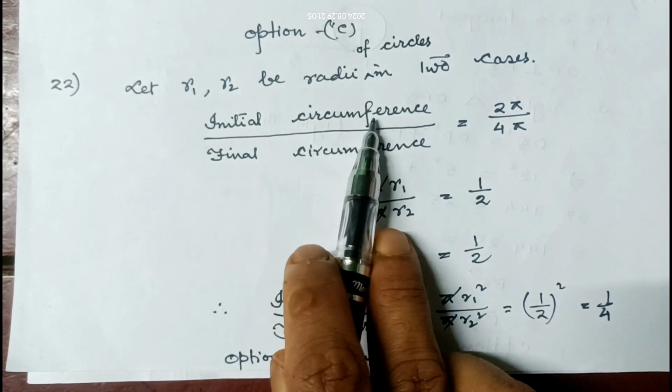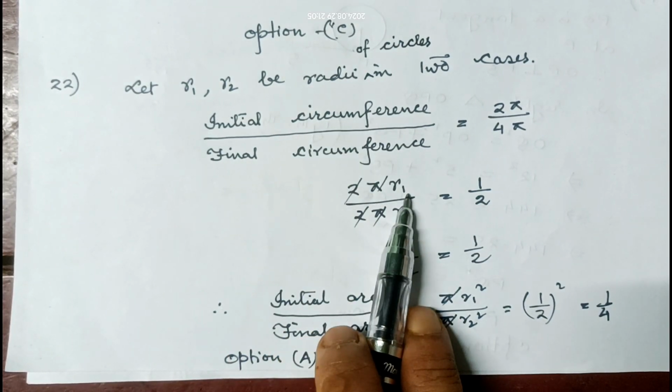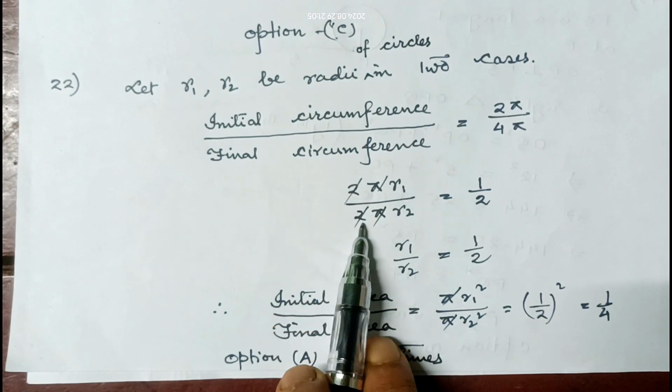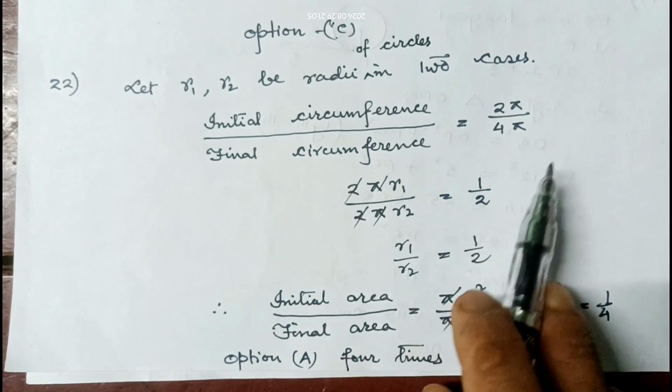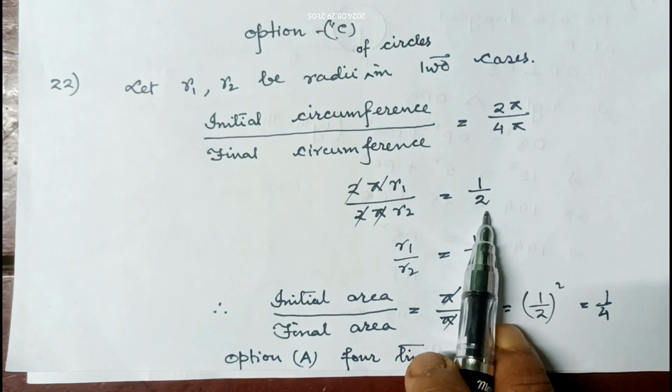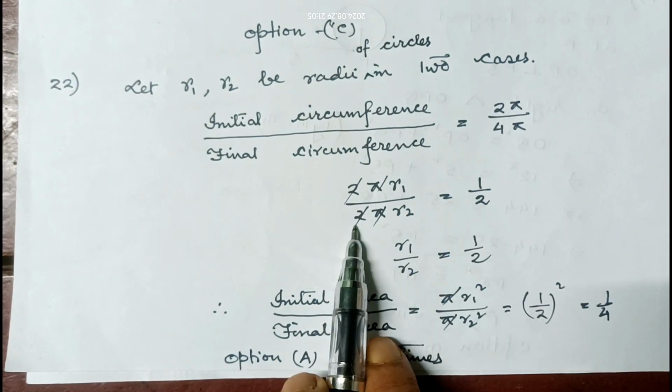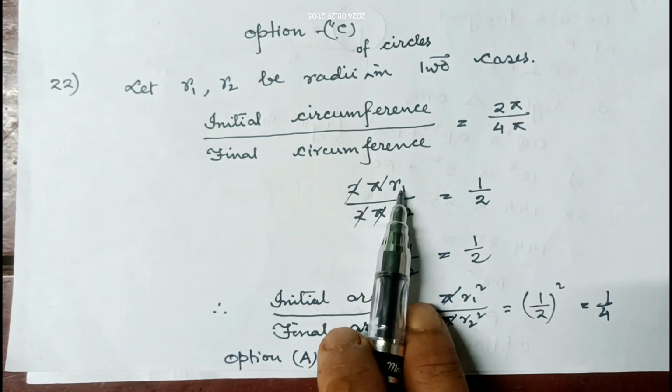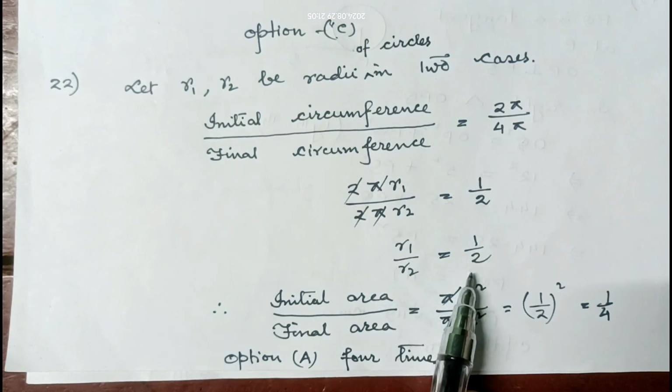So in the initial circumference it will be 2 pi r1, and for the final figure it will be 2 pi r2 equals to, pi and pi cancel. 2 and 4 if I cancel, I will get 1 by 2. Here also 2 and 2 cancel, pi cancel. So we are left with r1 by r2 is 1 by 2.